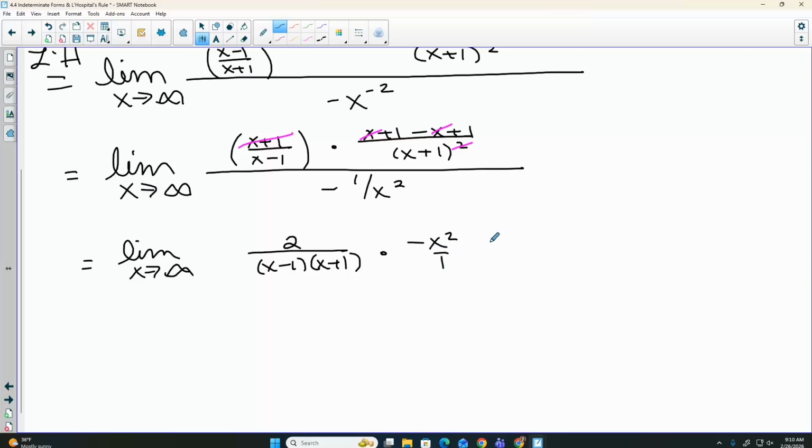I'll flip and multiply. That gives me negative 2x squared over x squared minus 1.